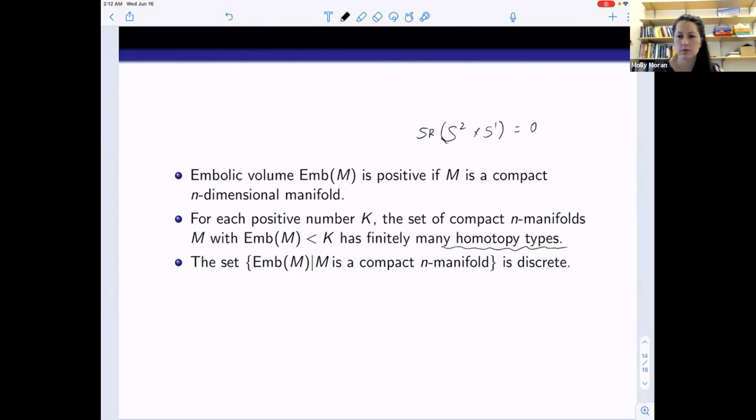By the finiteness result, the set of embolic volume values is a discrete set. So if we use a geometric functional to represent topological complexity, the embolic volume should be a much better candidate.